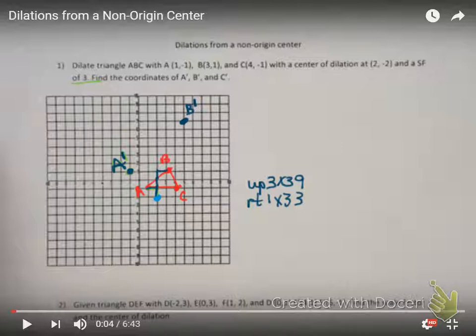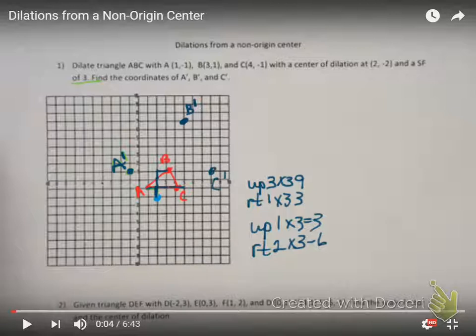From my blue point to C, I go up 1, over 2. So up 1, right 2. If I take both of those times 3, I've got to go up 3 and right 6.